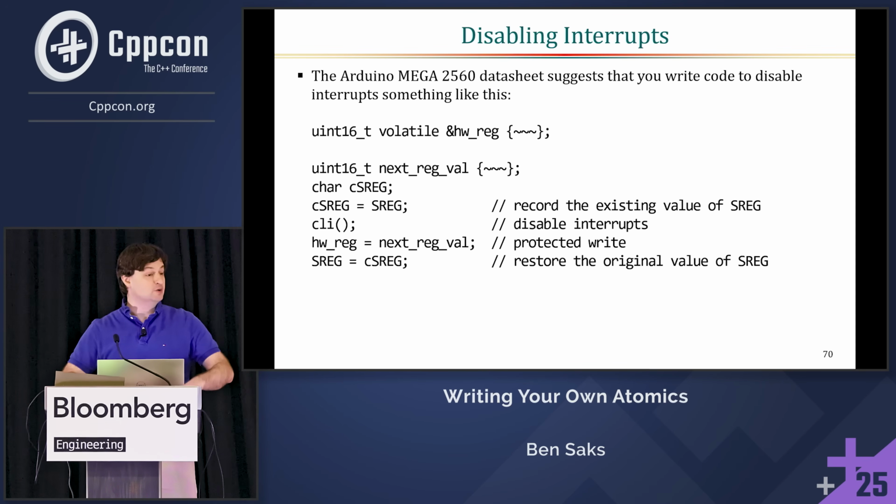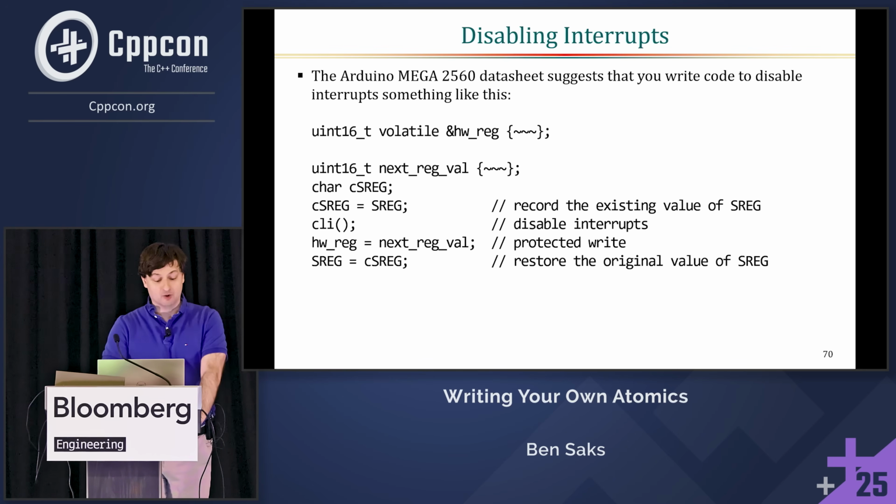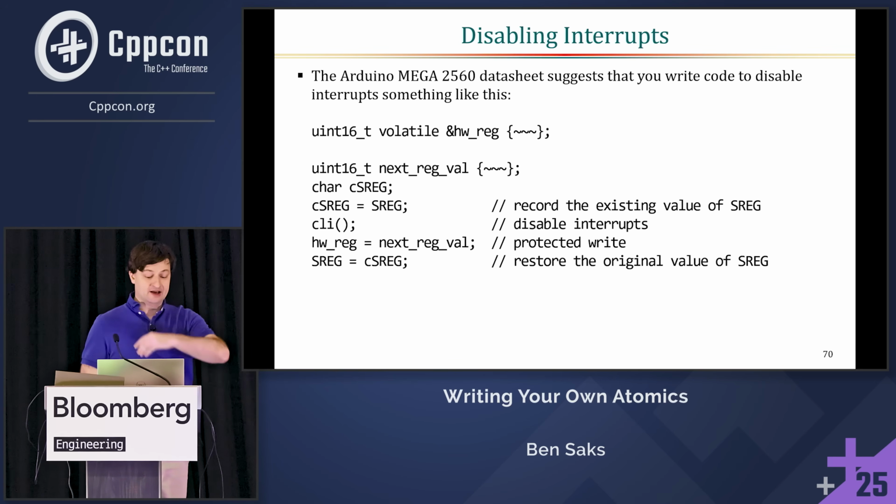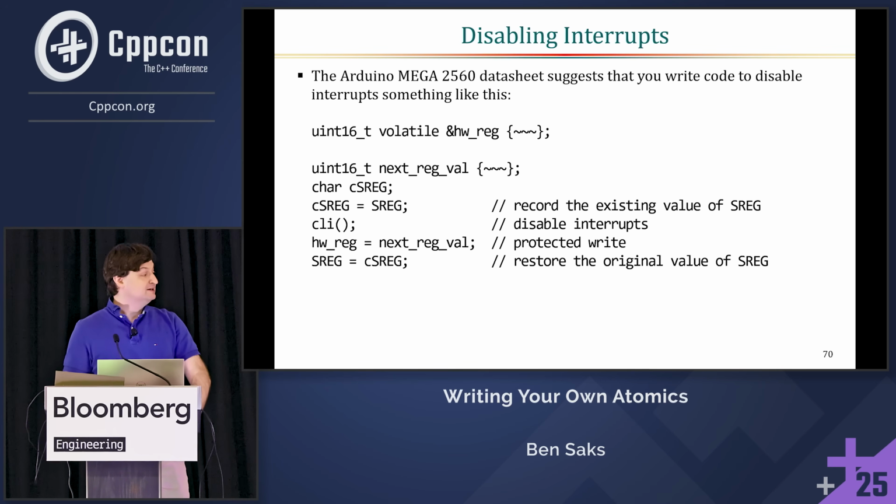Then they actually go ahead and do the write that we wanted to be non-preemptive, but since the Arduino is an 8-bit platform, writing to a uint16 normally is something that can be preempted unless we take an approach like this. And then when we're finished with that, we can go ahead and restore the value that we saved from the status register before, and that will go ahead and re-enable interrupts for us. We could have called the SEI macro instead, but this is the approach that they show in the data sheet.